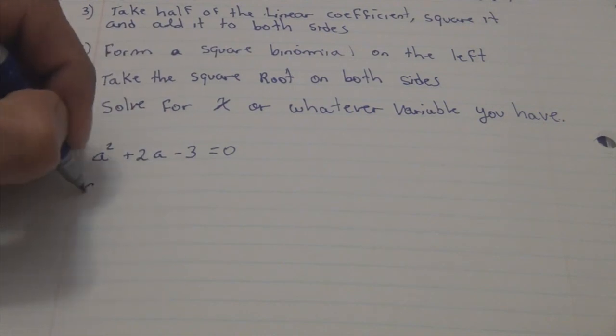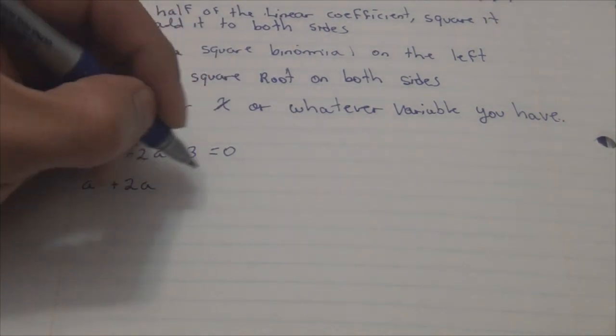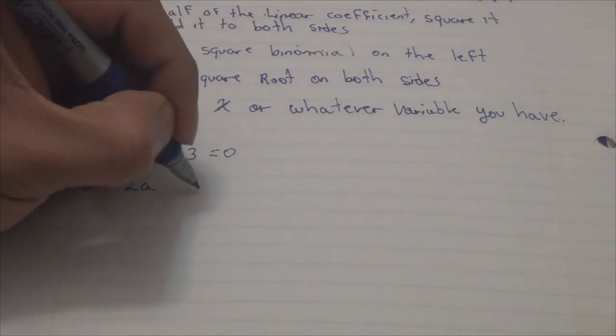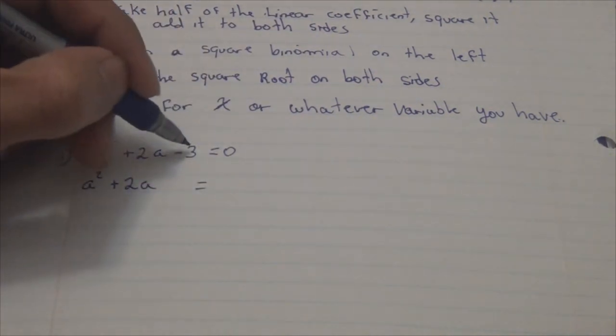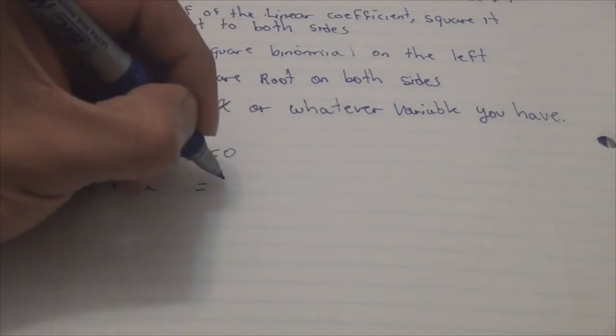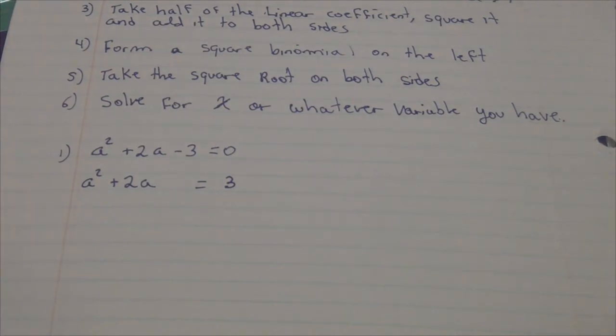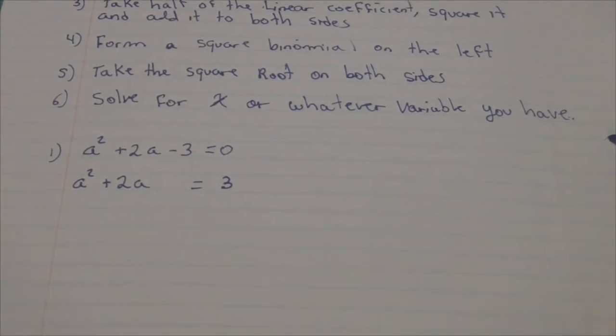So that's what we're going to do. a squared plus 2a, and then we're moving the negative 3 to the other side. In other words, we're going to add 3 to both sides. So then the 0 plus 3 is 3. So far so good?